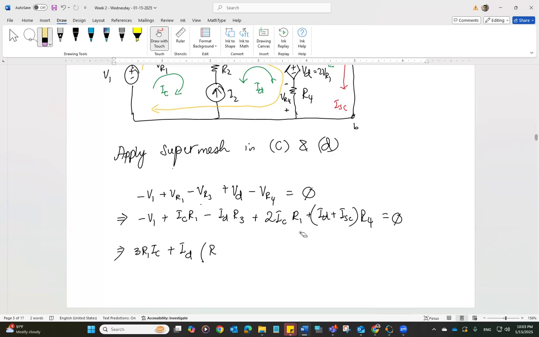I made a mistake over here. So I have negative IDR3 and negative IDR4. So negative ID times R3 plus R4.